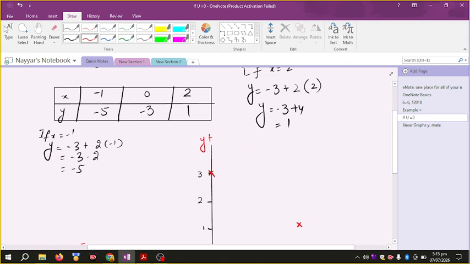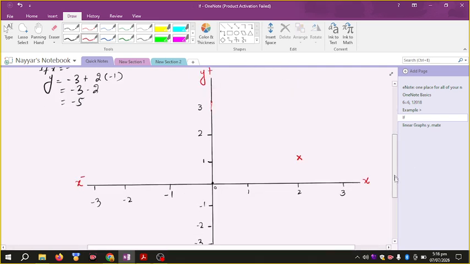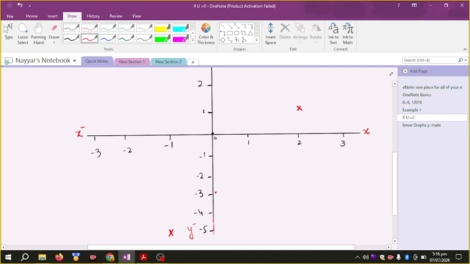Sorry, y is negative 3. Let me correct the second point, x is 0 and y is negative 3. I'm just correcting it here, my bad. So negative 3 will come here somewhere, yes, here.